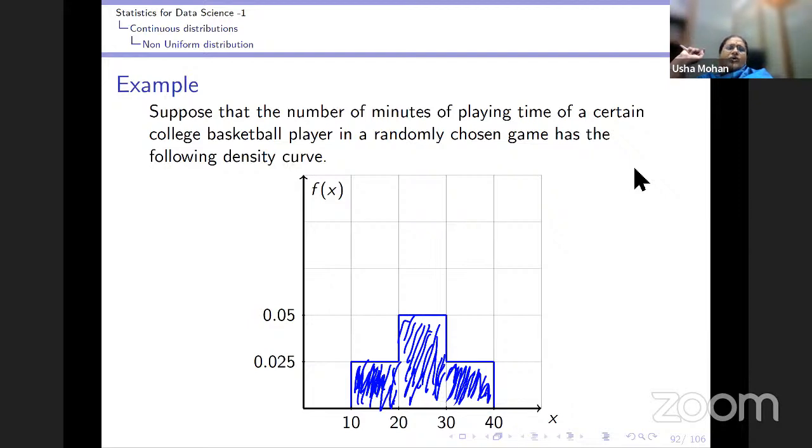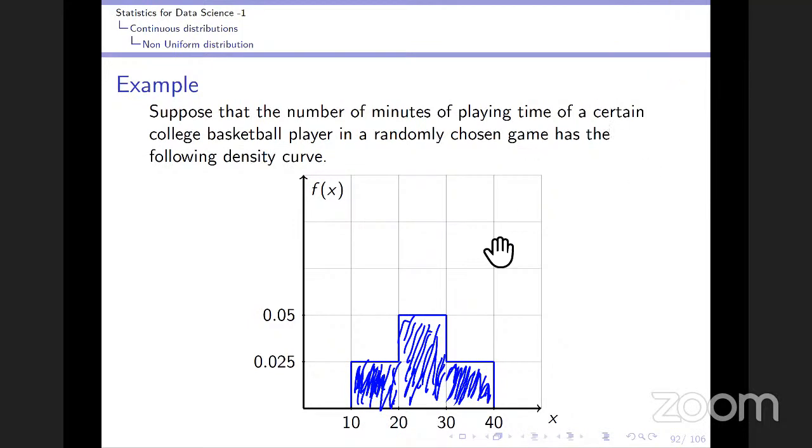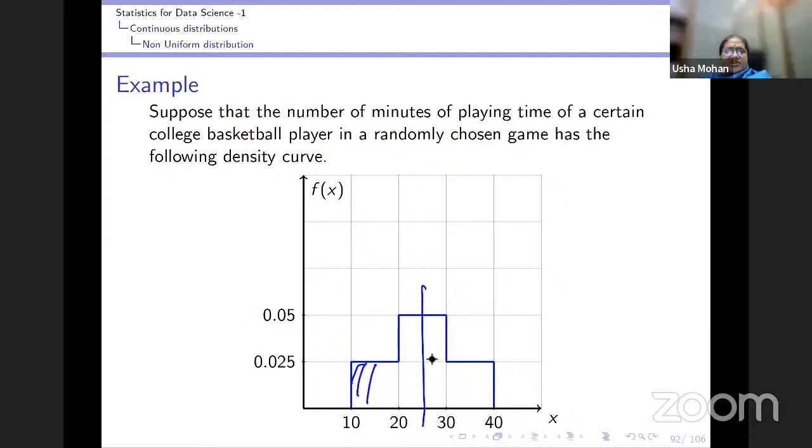Now I want to know what is the chance that the playing time of this college basketball player would be less than or equal to 25 minutes. Find the area under the curve up to 25 minutes, from 10 to 25. This is the area I'm interested in knowing. Is it clear? Yes, ma'am.